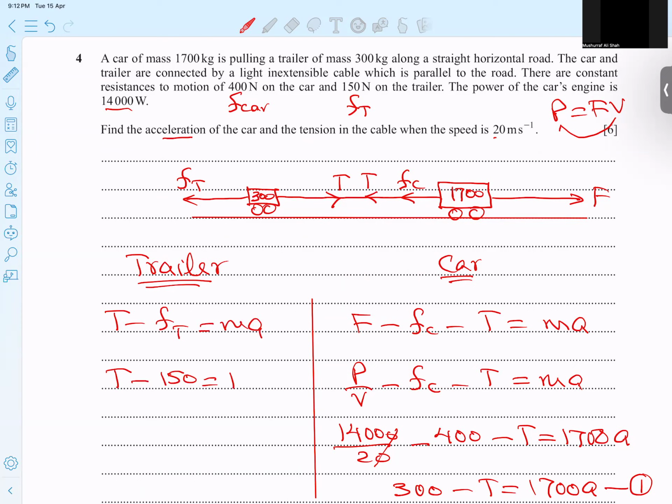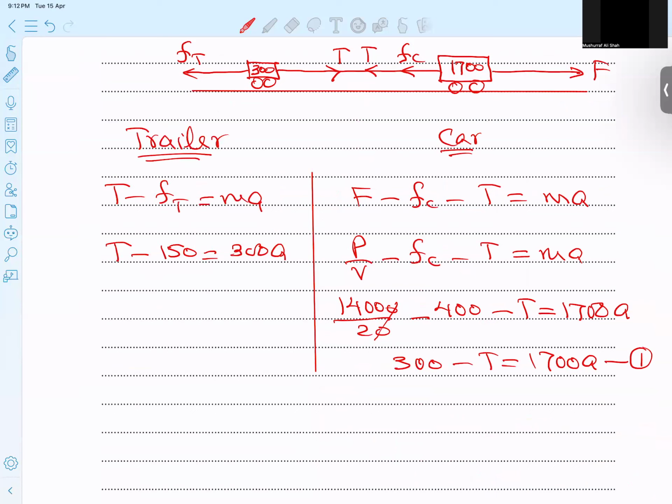Mass is 300. So this value will go on the other end, or I can subtract equation number 2. So I'm writing this below. Tension minus 150 equals 300 times 2a. Equation 2 I have already.